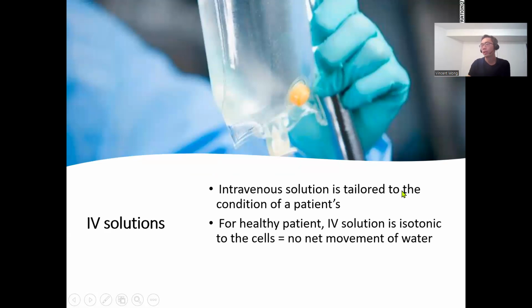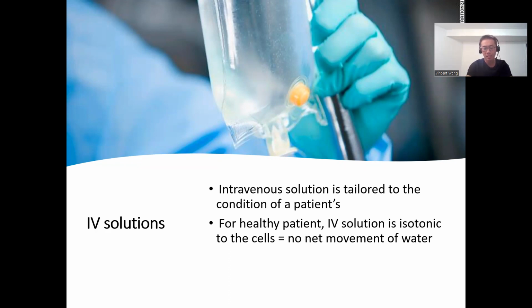So why do we have to know this, right? Well, I assume a lot of you are going into a healthcare related field, and in your work, you might have to apply IV, intravenous solution, to your patient. For a healthy patient, the IV fluid is typically isotonic to the cell, which is what you want.